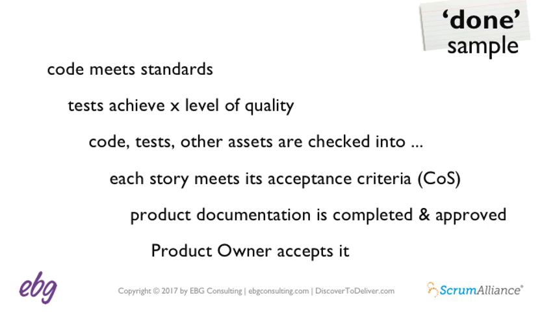So the definition of done in the end helps us build a cohesive product that's well-designed, coded, tested, integrated, documented, and of course will hopefully deliver value. So done is the state of what we ship out of a sprint.